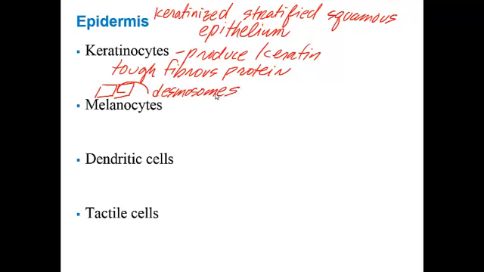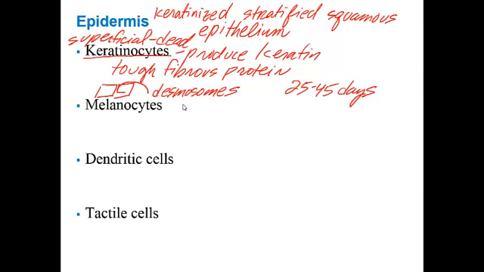And these cells are going to be produced in the deepest part of the epidermis, which is called the stratum basale, which we'll talk about next. And we actually get a whole new layer of skin, a new epidermis, every 25 to 45 days. And so the keratinocytes that you see that are most superficial, that you see on a person's surface, are actually going to be dead keratinocytes.